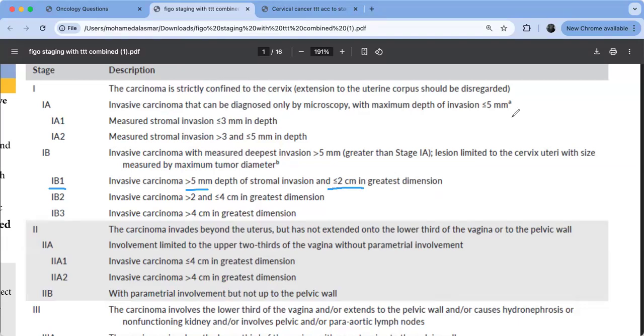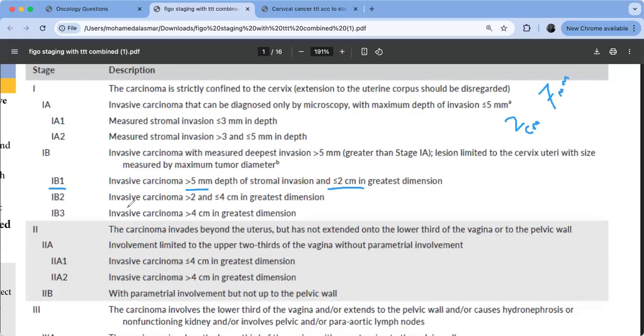So if I told you a 2 cm lesion with a depth of invasion of 7 millimeters, what is this? 2 cm is like a good-sized coin, right? Yes, so this is 1B1.